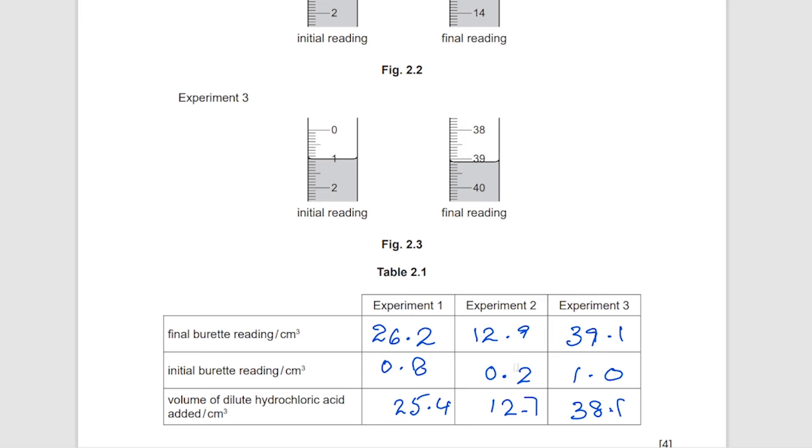So readings are here 26.2, 12.9, 39.1. All are the final readings. Initial readings are 0.8, 0.2, 1.0. You people can check the final reading of this 39.1. And here you can check the initial reading of experiment 3, that is 1.0.